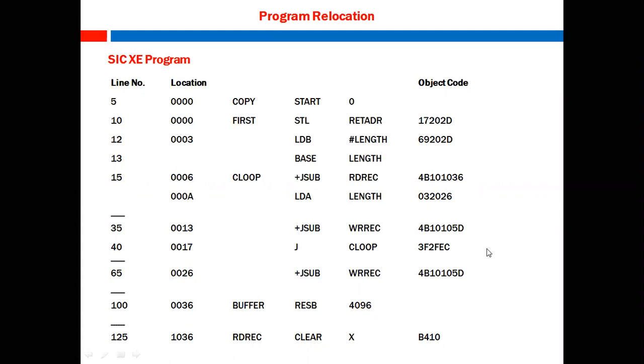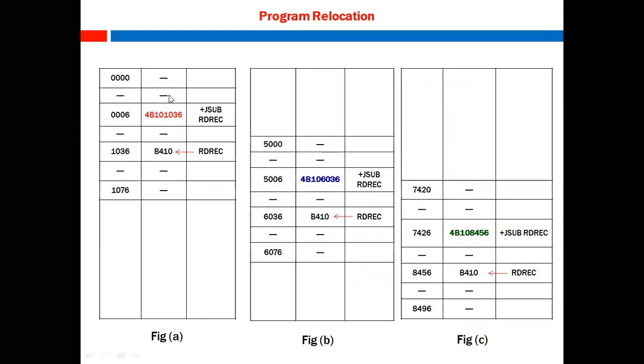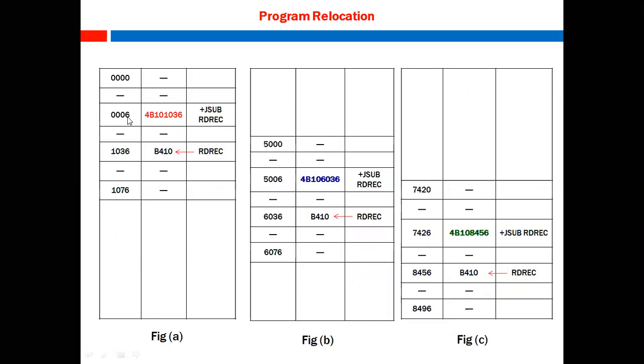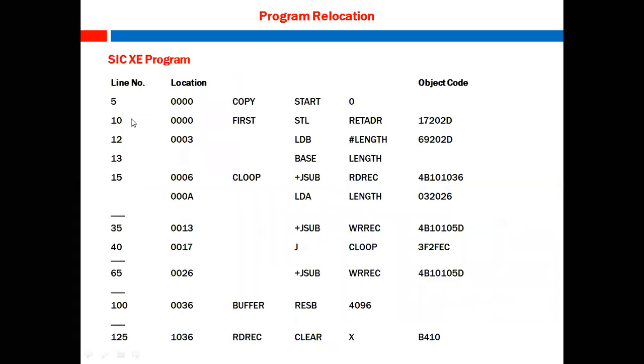That we have put as a diagram here. So 4B, the JSUB jumps to subroutine, and this is the object code which is there. And what is the address of that? Suppose you take this one, it is the address 0006. And where is the RDREC label available? Let us see. At 1036, correct? 1036.